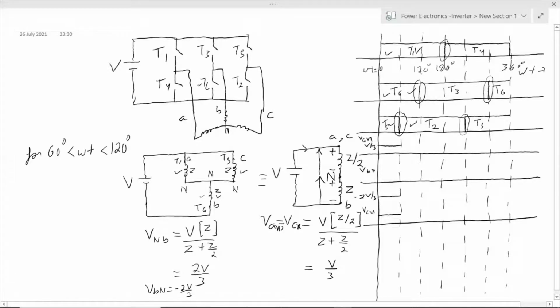So if T2 is on, then we can remove this part and connect here.